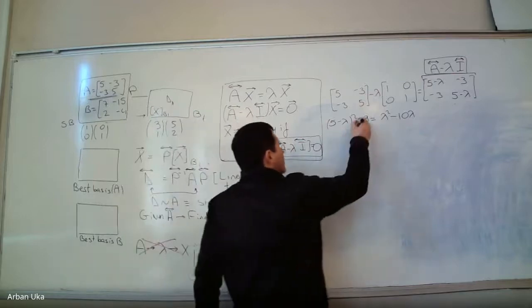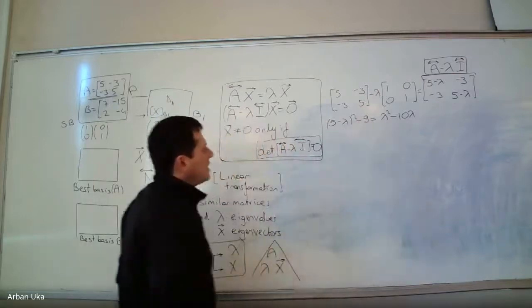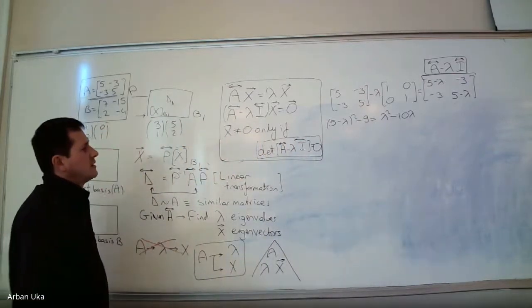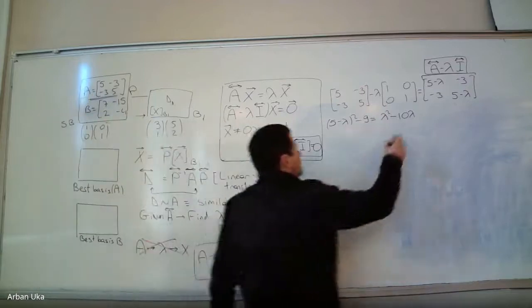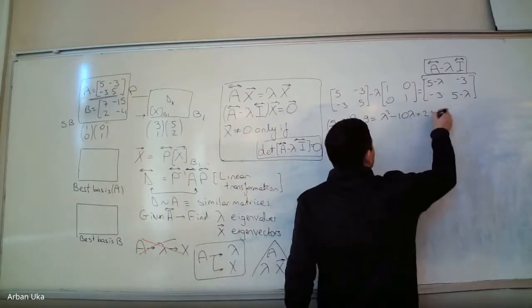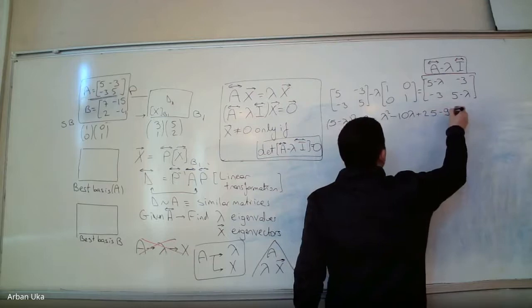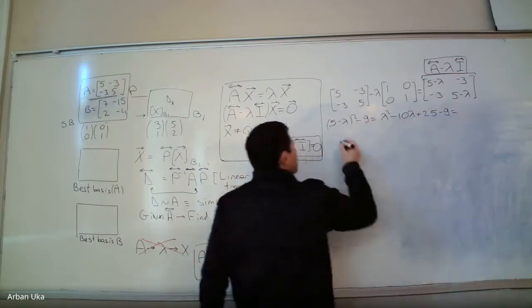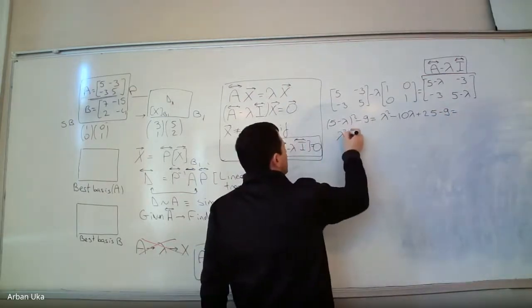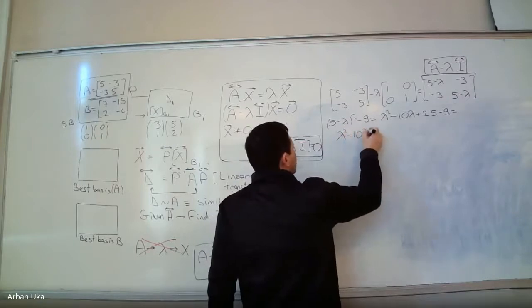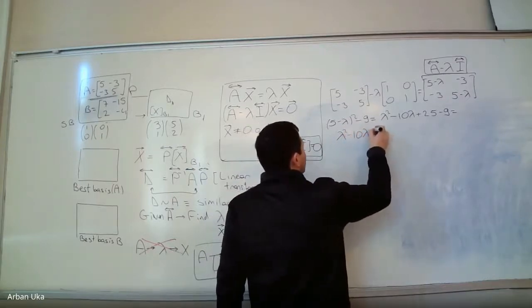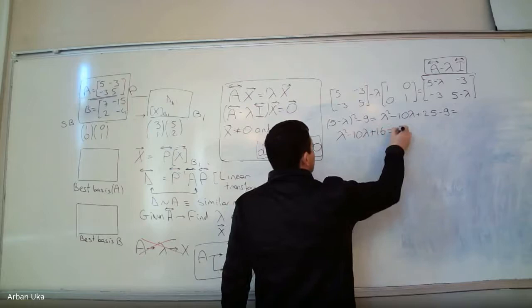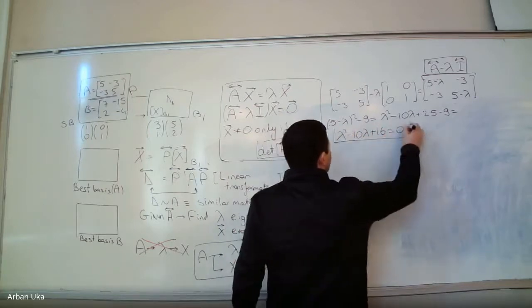This is minus 9. Lambda squared minus 10 lambda, plus 25, minus 9. This is equal to lambda squared minus 10 lambda, plus 16. This is equal to 0. Okay.